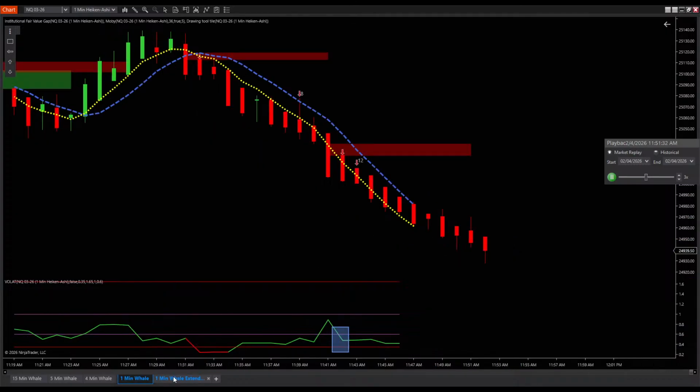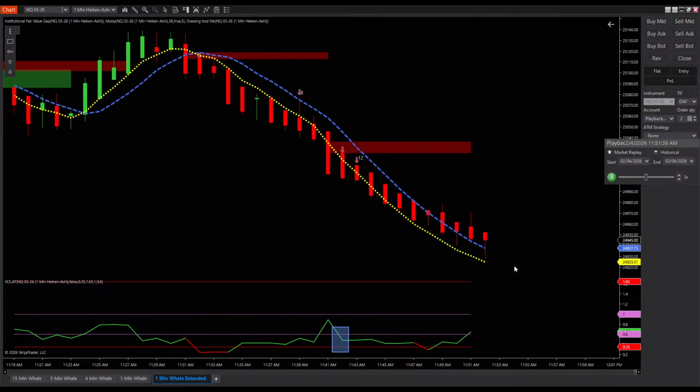And it's still going, guys. Still going right there. Look at that. Still going past the 12th bar to the downside. It's amazing.